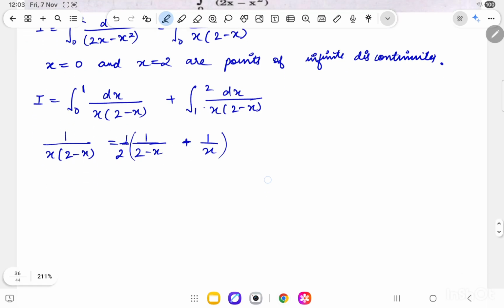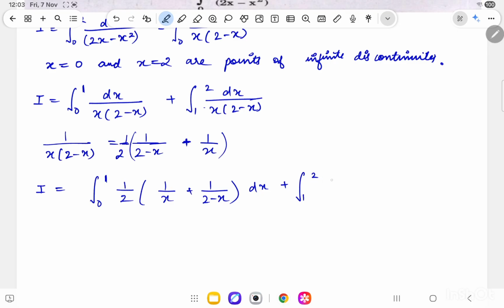So this is the partial fraction form of the given integrand. So my I will be equal to the integral from 0 to 1 of 1 by 2 times (1 by x plus 1 by 2 minus x) dx plus the integral from 1 to 2 of 1 by 2 times (1 by x plus 1 by 2 minus x) dx.